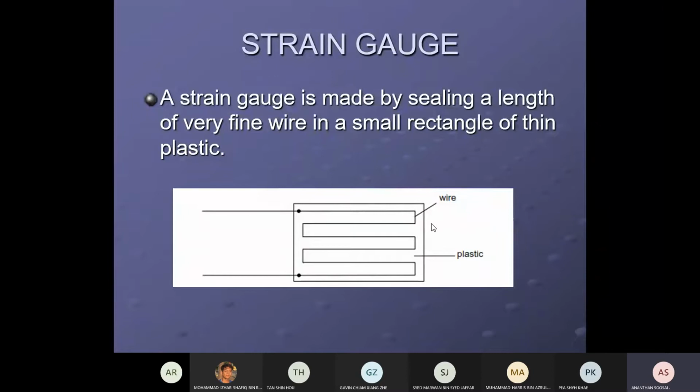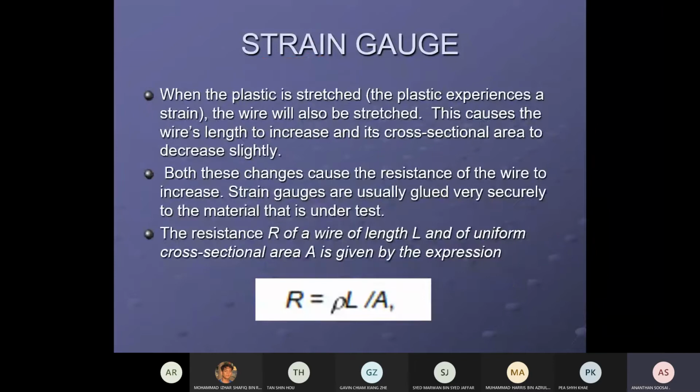So what does strain gauge stand for? It stands for strain. When the plastic is stretched, the wire is also stretched. This causes the wire length to increase and its cross-sectional area to decrease slightly, so both increase the R. When R increases, the voltage across the strain gauge increases.